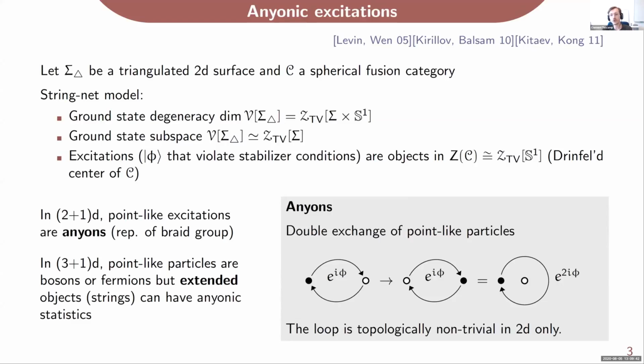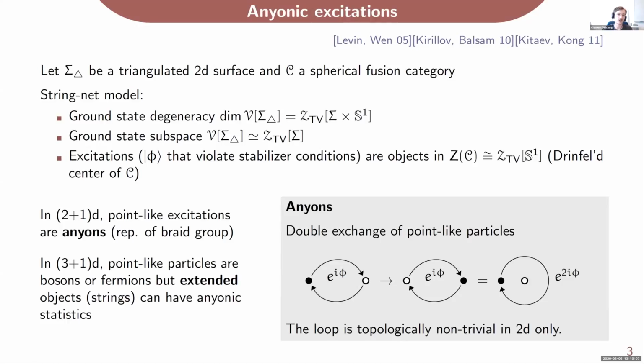And then the loop described by this particle in 2+1D can be topologically non-trivial in the sense that it cannot be contracted to a point because there is the other particle obstructing. And therefore, the corresponding process is not necessarily the identity, which means that these phase factors exponential i phi are not necessarily plus or minus 1, which would give us bosons or fermions.